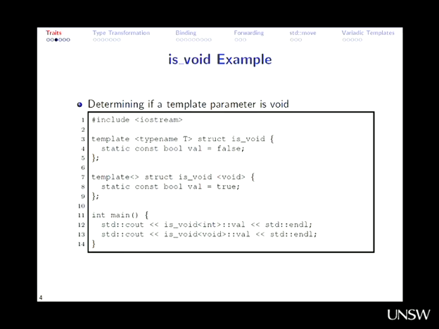False true, yeah. But can you step me through how this works? As in, step me through line by line. So this is void int. What am I going to do? I'm going to go up and I'm going to match this template up here, right? Is void void. I'm going to come up and I'm going to match this template up here, right?